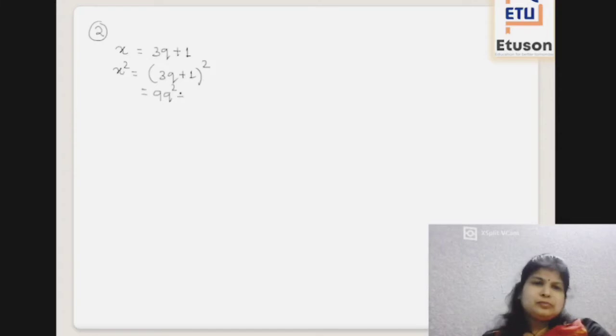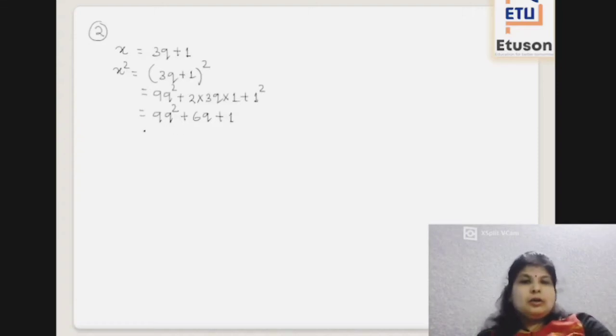So 9q square plus 2ab. 2ab means 2 into 3q into 1, plus 1 square. Correct. So what will you get? 9q square plus 6q plus 1.